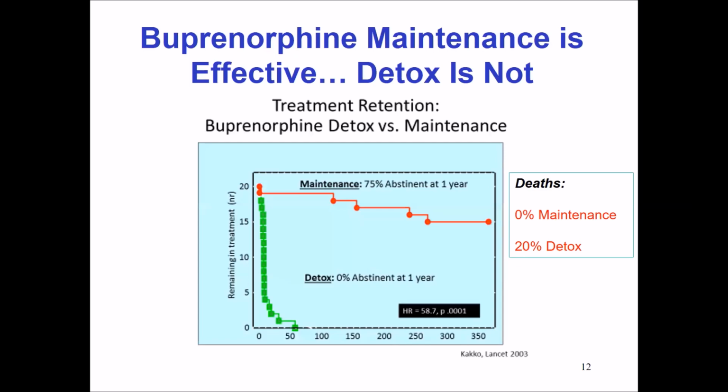And this was a small study. Despite that, there were no deaths in the maintenance arm, and 20% of those who were randomized to detox died of overdoses in that time.